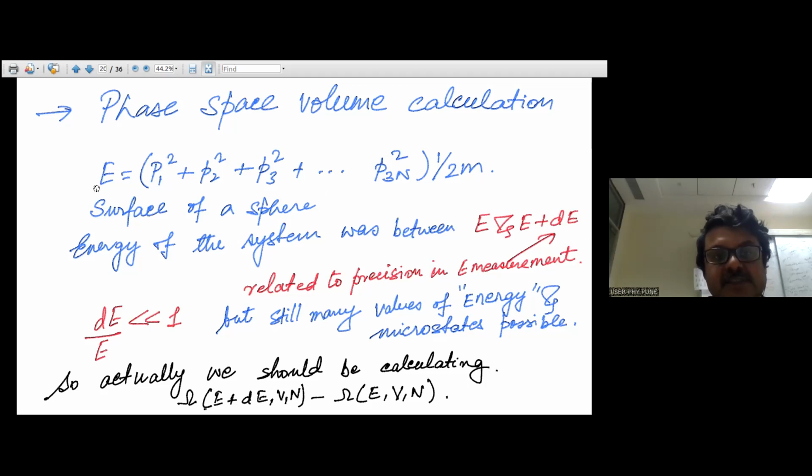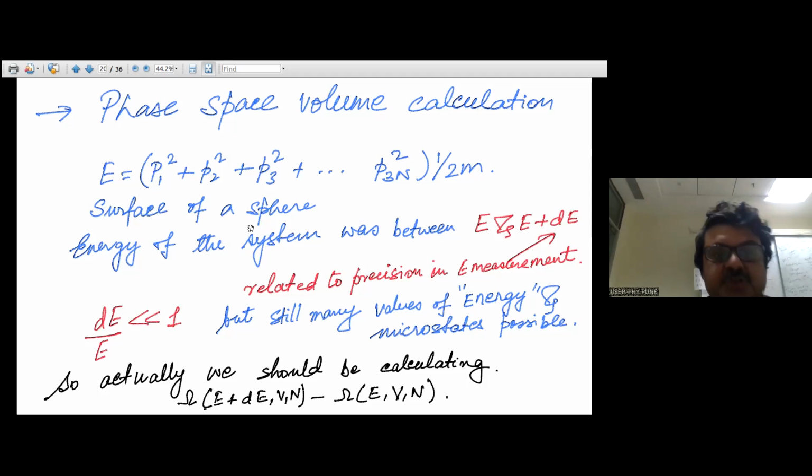The energy of the system is constant, P1 squared plus P2 squared plus P3 squared and so on till P3n, if there are n particles, assuming the mass of all particles is the same. And this equation corresponds to the surface of a sphere.